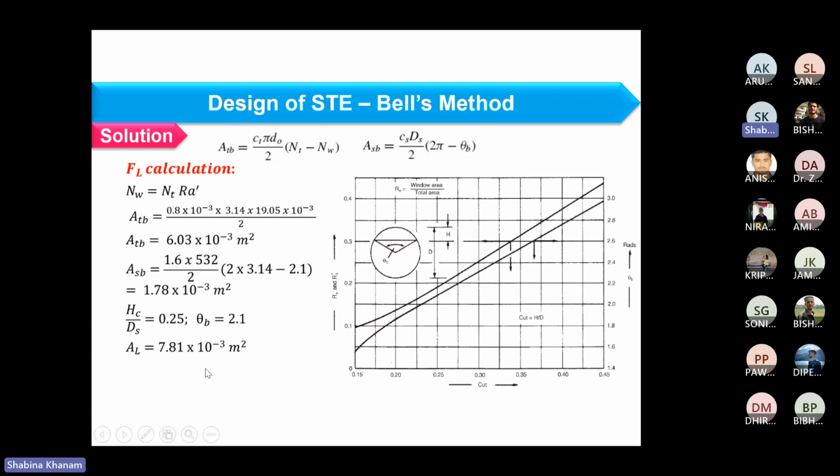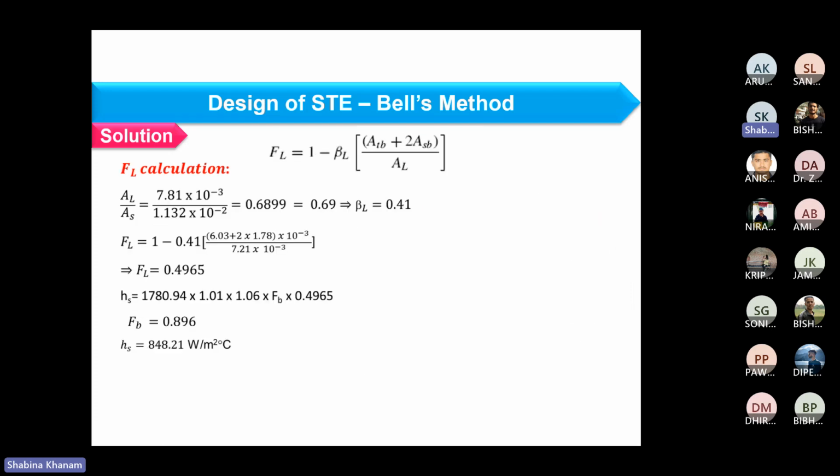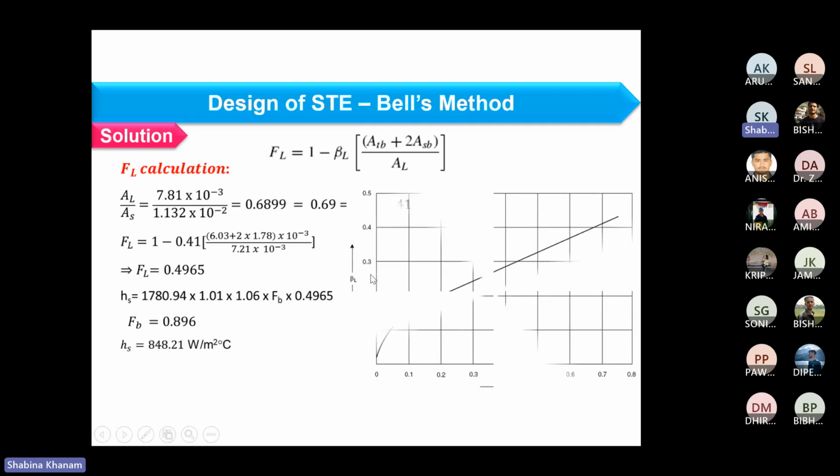Addition of these two will give AL. Once I'm having this AL, we need to find out this beta L from this graph. AL by AS we need to consider. AS we have already calculated before for HOC, remember?